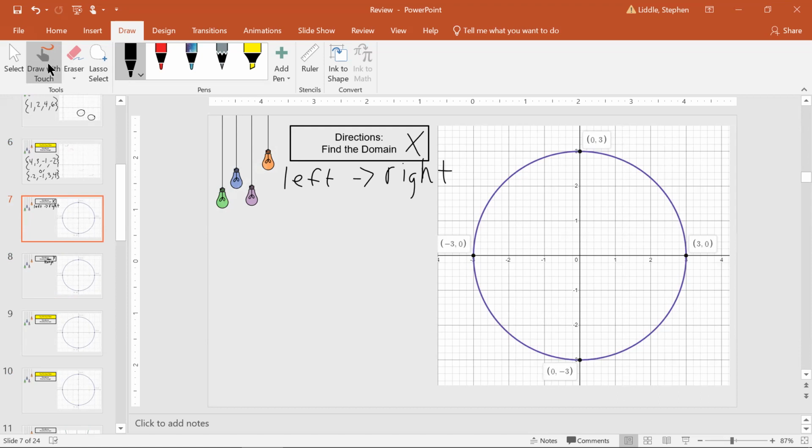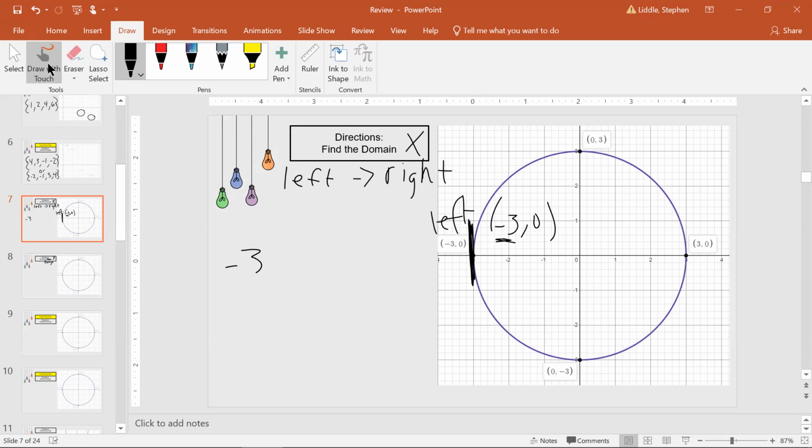Well, looking at this circle, this is our left side, and this is the furthest left that this graph exists or goes. Given that this is our x's for domains, we have this point (-3, 0). We're going to use the x value. So the furthest left we go is -3.